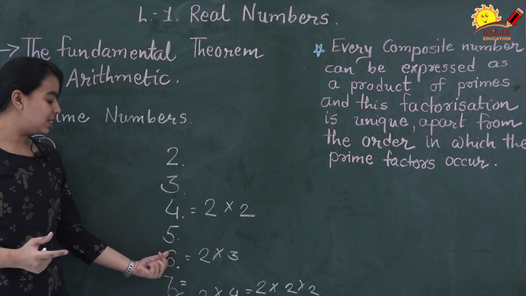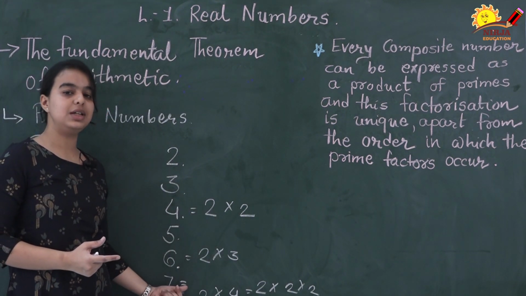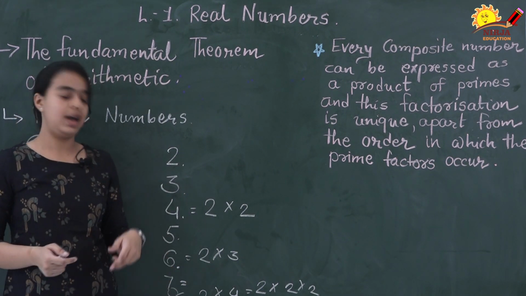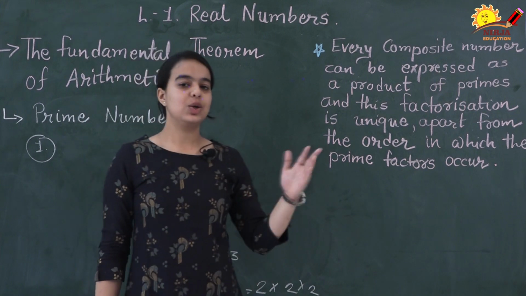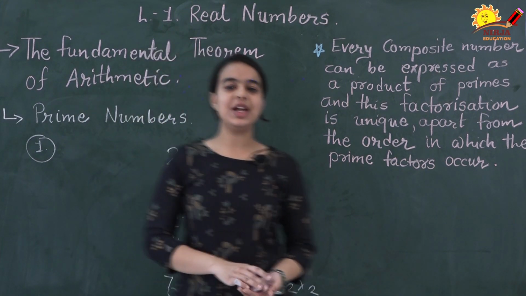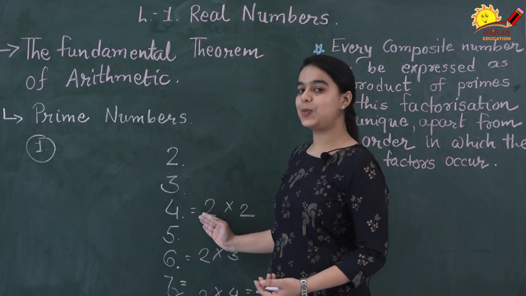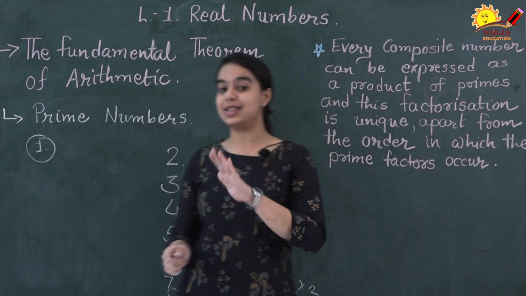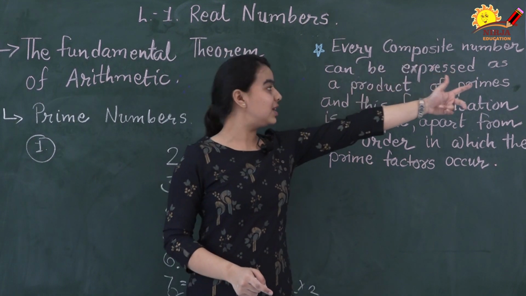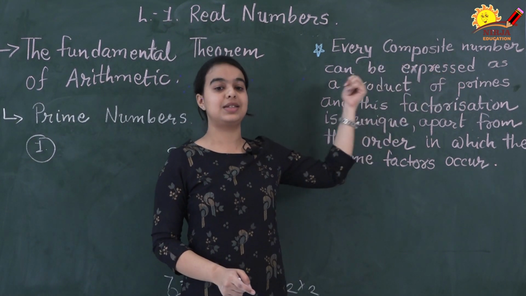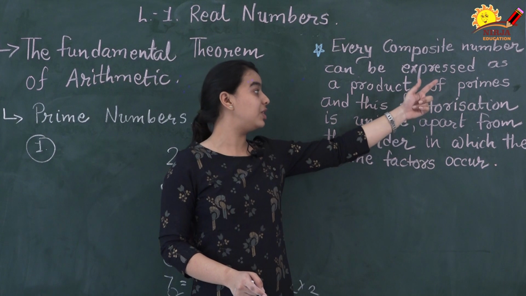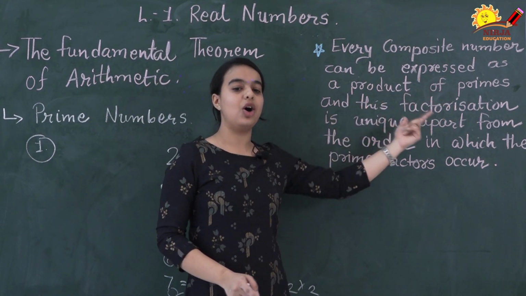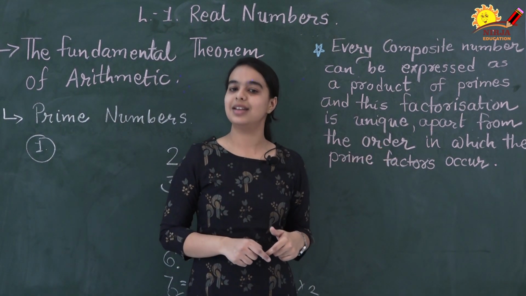So, these numbers you can call composite numbers and 2, 3, 5, 7 we can call prime numbers. As you have seen, every composite number we can express as a product of its primes. So, the fundamental theorem of arithmetic is nothing but: every composite number can be expressed as a product of its primes, and this factorization is unique apart from the order in which the prime factors occur.